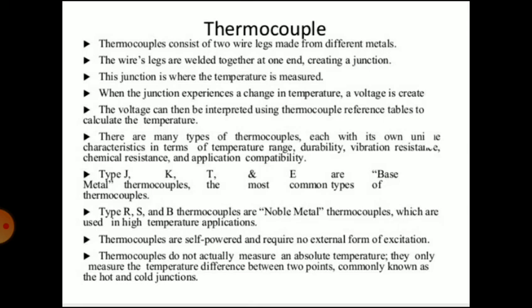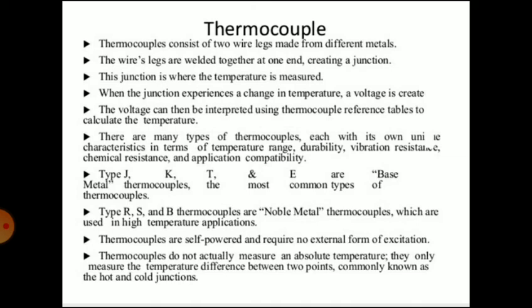When the junction experiences a change in temperature, a voltage is created, and that voltage can then be interpreted using thermocouple reference tables to calculate the temperature. This is the principle used in a thermocouple. The most common electrical method of temperature measurement uses the thermocouple.